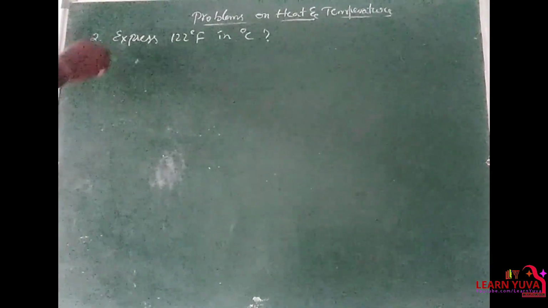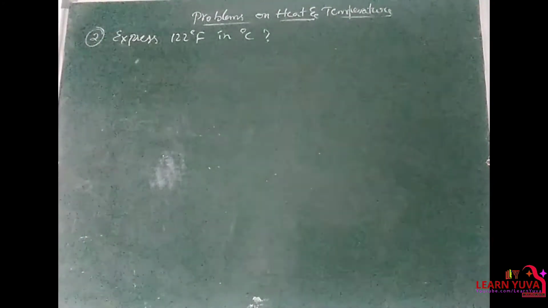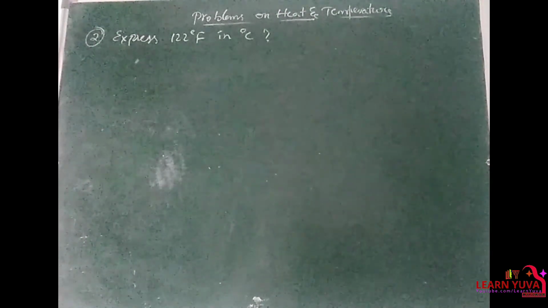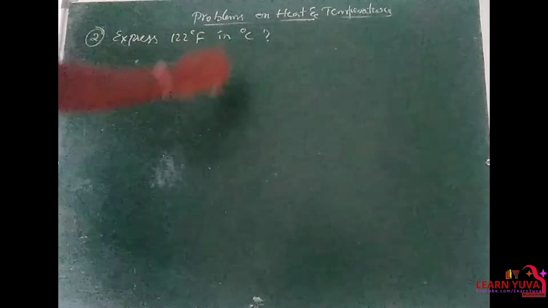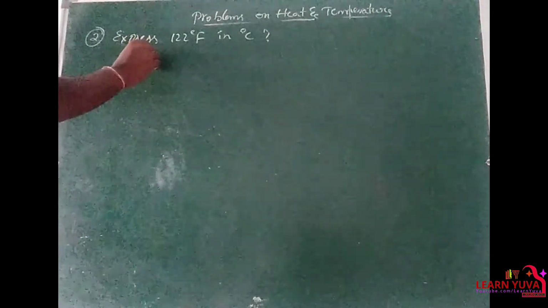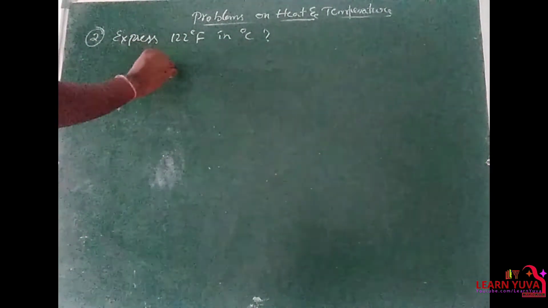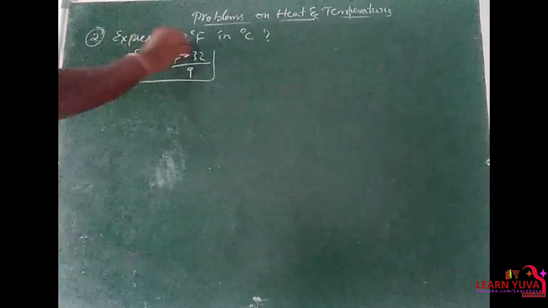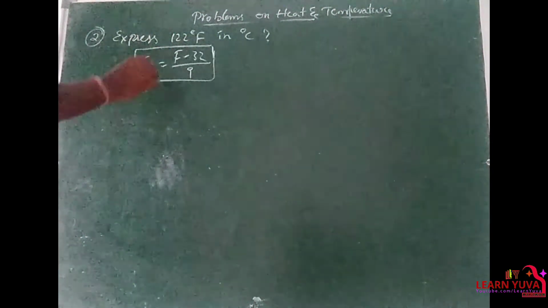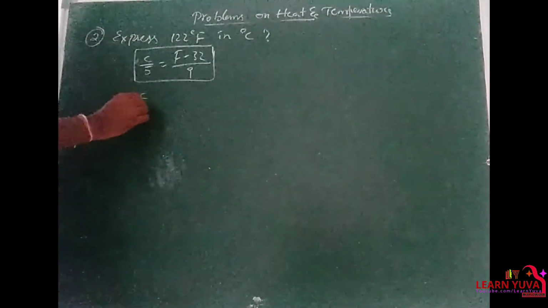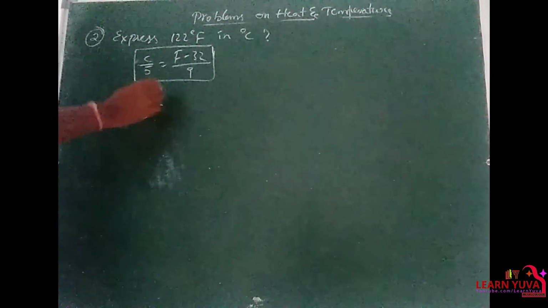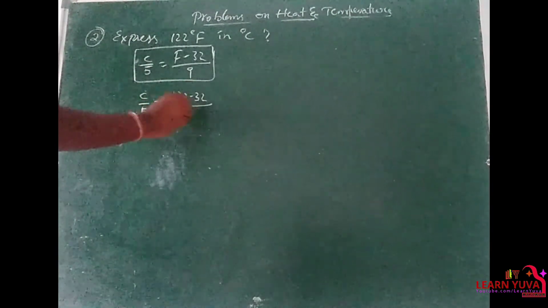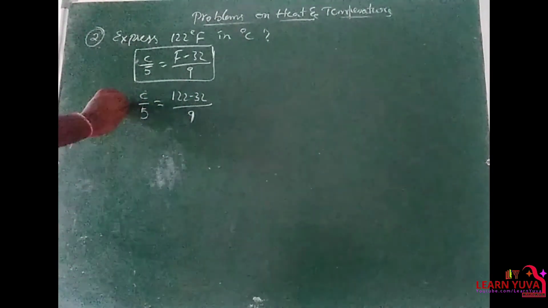Second one: convert 122 degrees Fahrenheit to the Celsius scale. For this question we have to take the relation between F and C. So C by 5 is equal to F minus 32 by 9. It is the relation between these two scales. We have to find the C value. So C by 5 is equal to 122 minus 32 by 9.